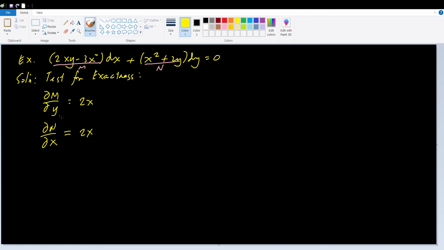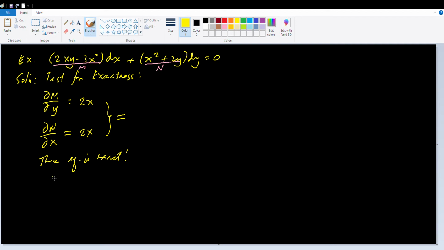And we see that the partial of M with respect to y is equal to the partial of N with respect to x. They are equal. So therefore, we say that the equation is exact. That means that there is a solution.